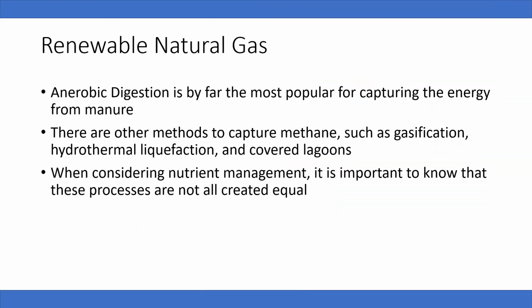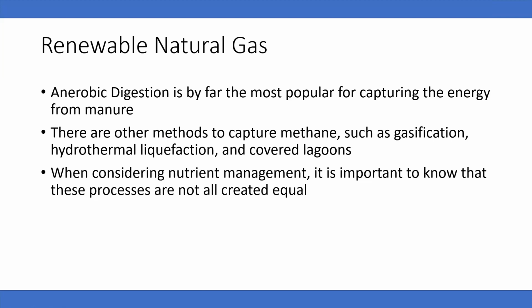So anaerobic digestion is definitely the most popular method of capturing the energy in manure, but there are also other processes that can do this as well, such as gasification, hydrothermal liquefaction, and simply covering anaerobic lagoons. There are, as I mentioned, a lot of federal subsidies involved with renewable natural gas and carbon reduction. And there are a lot of developers out there offering different options for farms.